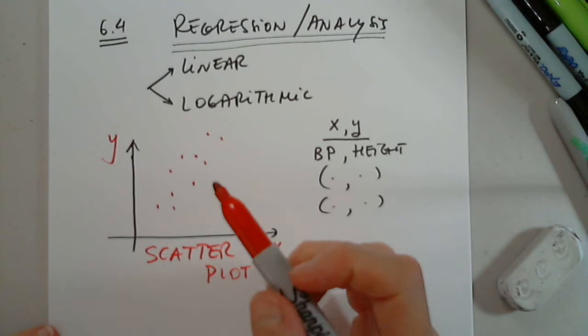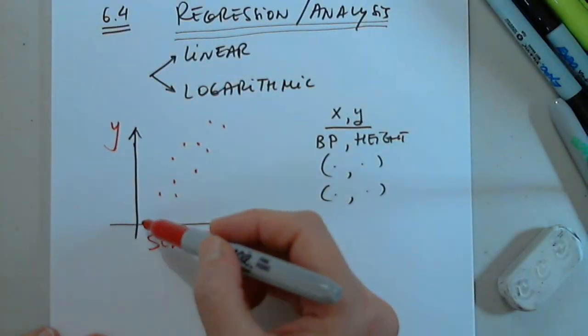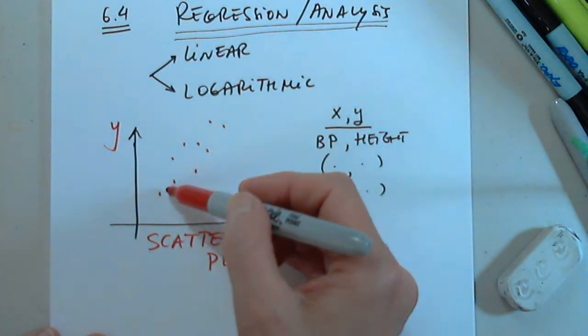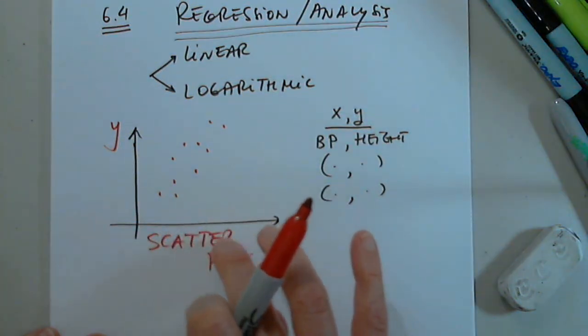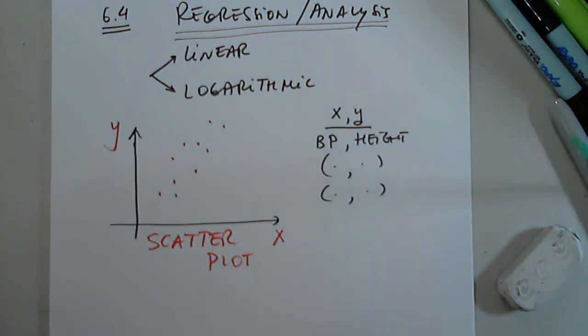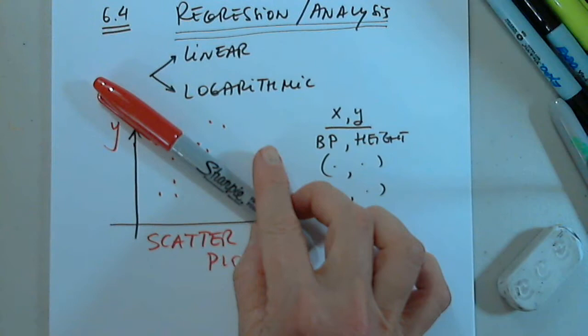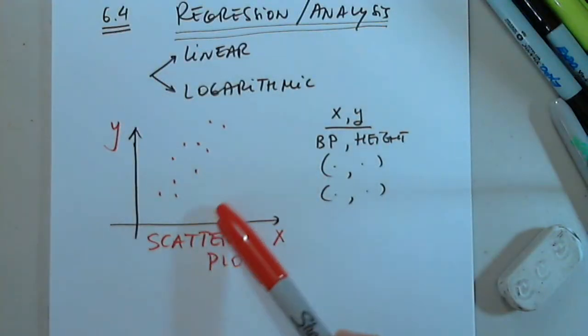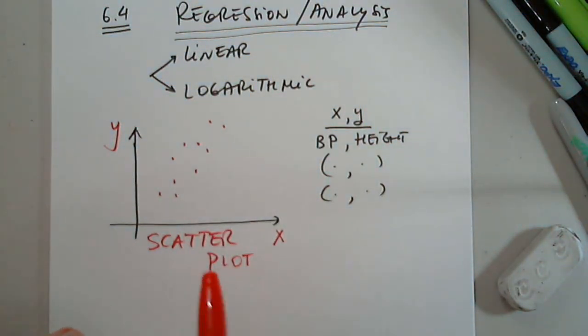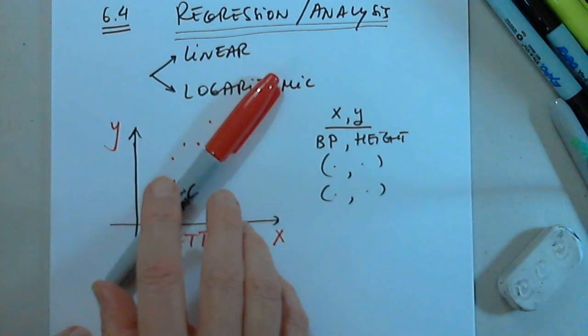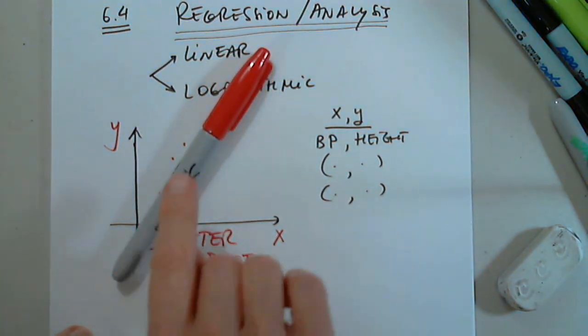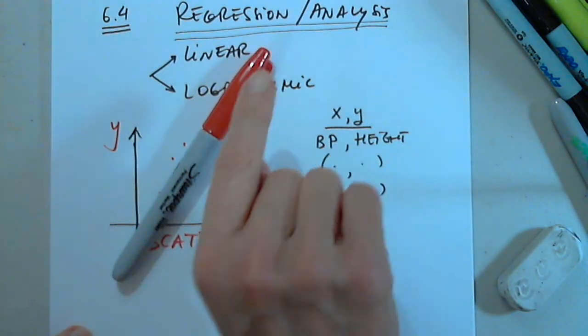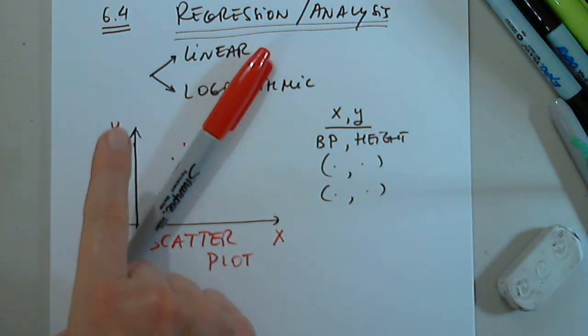And I realize that it kind of looks linear, like a linear relationship. As x increases, y increases. It could also look like this, which means as x increases, y decreases. I just pictured here a scatter plot with a positive slope, if x increases, y increases.